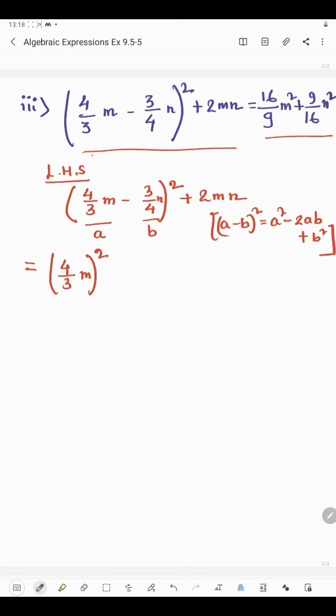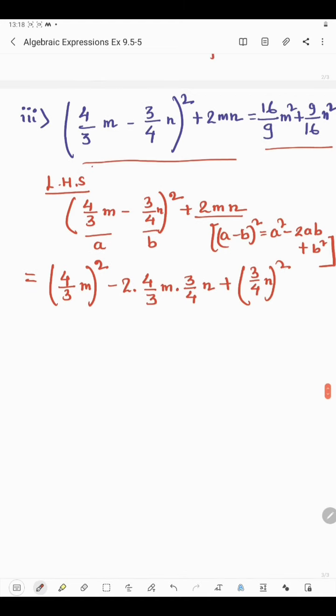So it's a whole square, (4 by 3m) whole square, minus 2 into a, which is 4 by 3m, into b, which is 3 by 4n, plus b square, where b is 3 by 4n, whole square. Now the last term, which is 2mn, will remain the same. So it's plus 2mn.